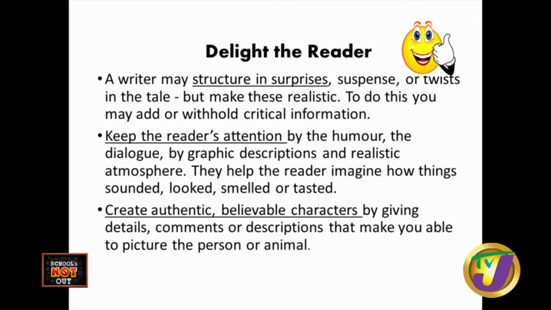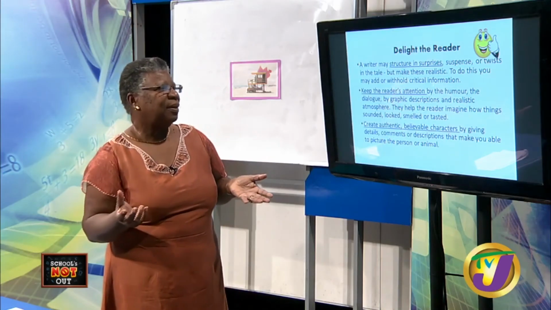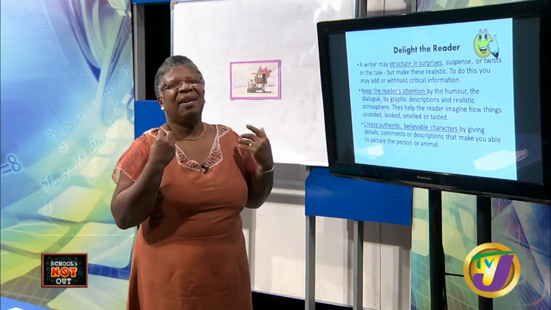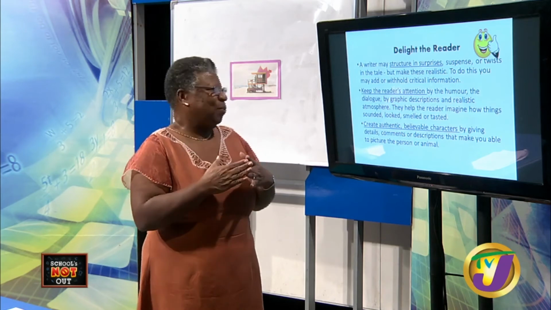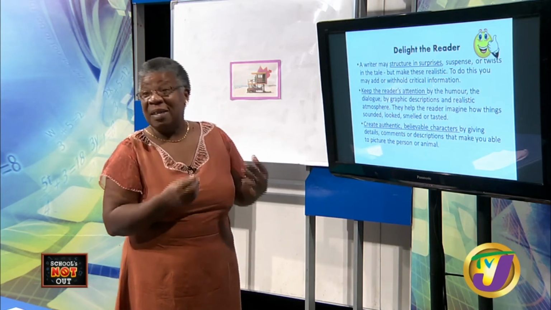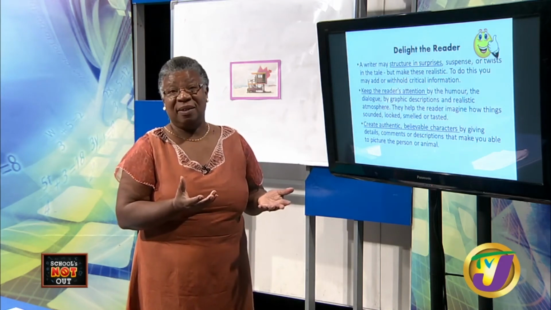Keeping your reader's attention is your primary role as a writer. And you can do that in a number of different ways. Humor. Humor appeals to people. They connect with it. Dialogue is very, very realistic.